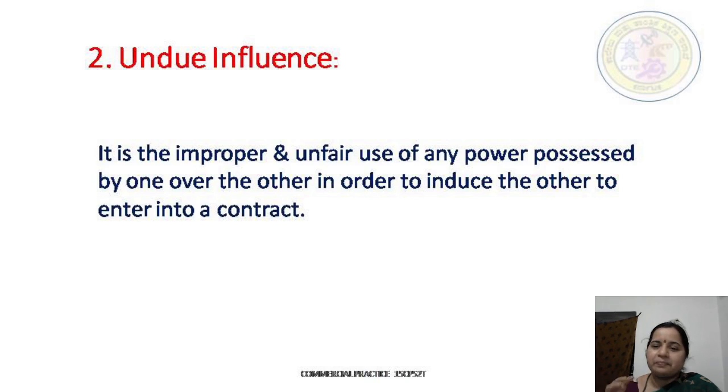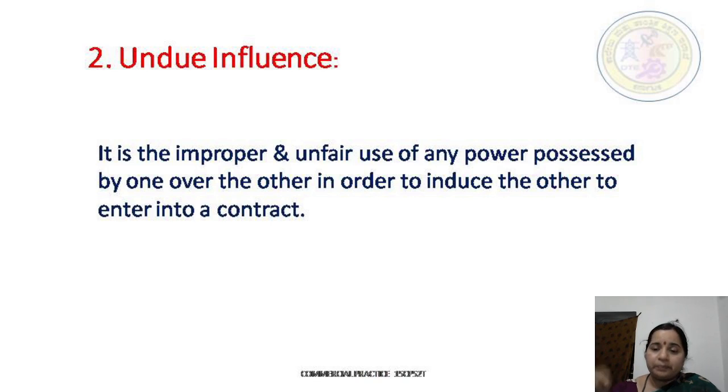This is some moral pressure. This is not physical injury like coercion. But here there is moral pressure. Because in some relationships, one party has power over the other party.